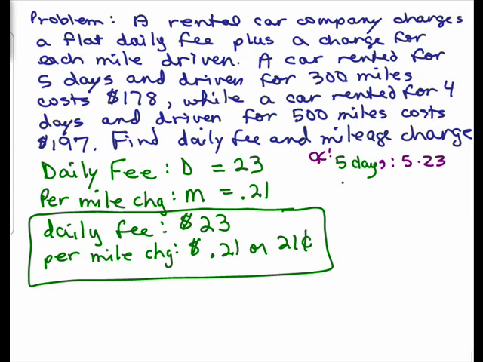And then our mileage is 21 cents times 300 miles, so it's 0.21 times 300.